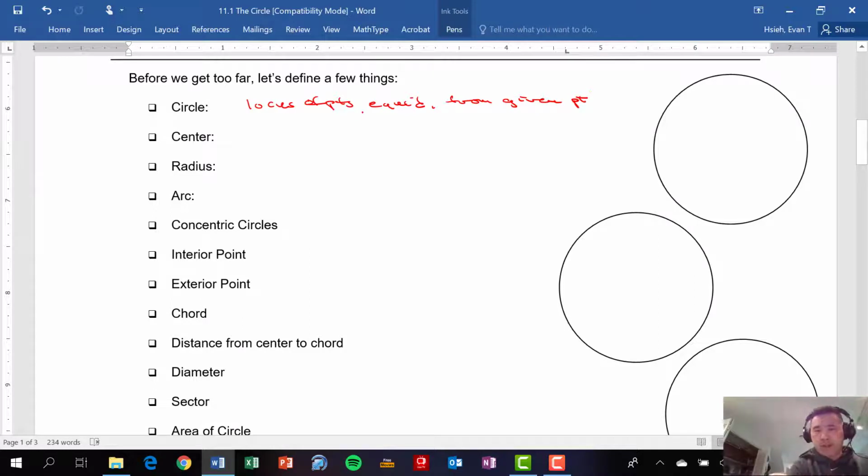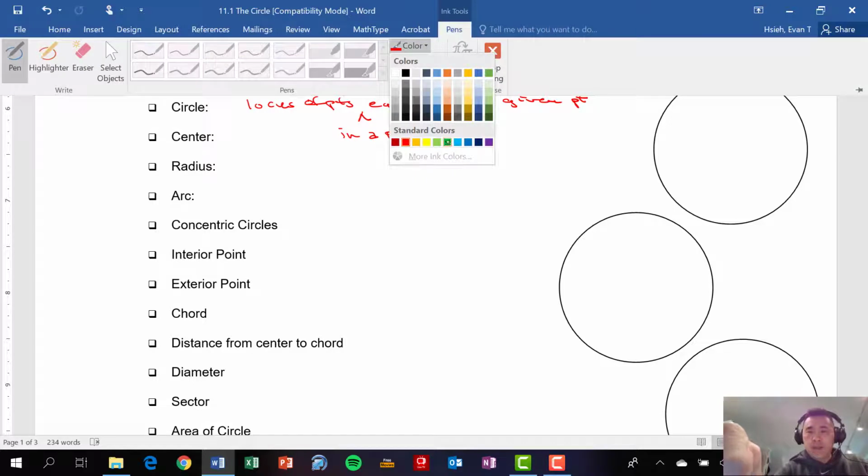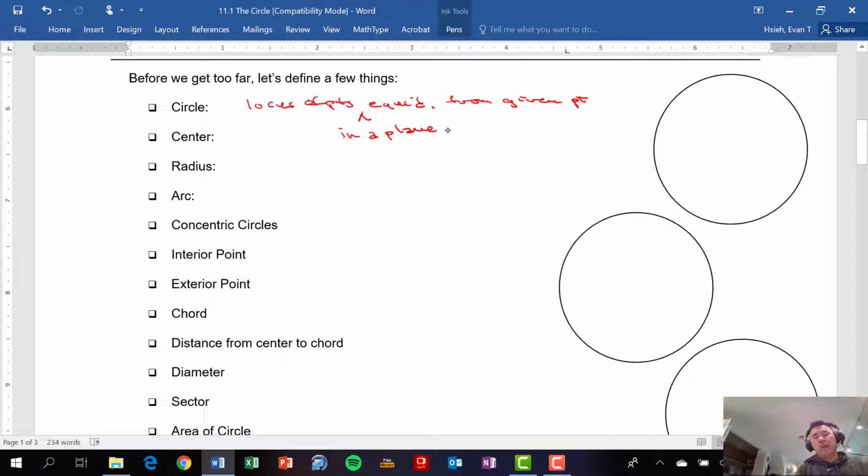And I should mention that here it needs to say in a plane. Because if we don't mention that it's in a plane, it can be in 3 dimensions, then it becomes a sphere. So that is an example of a circle. Here's the center. Here's the radius. I think everyone knew that.